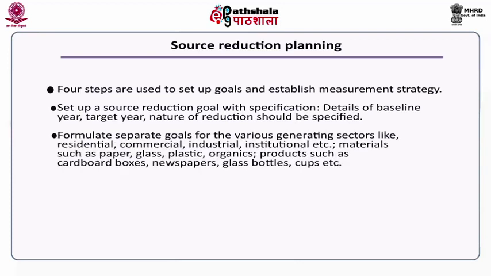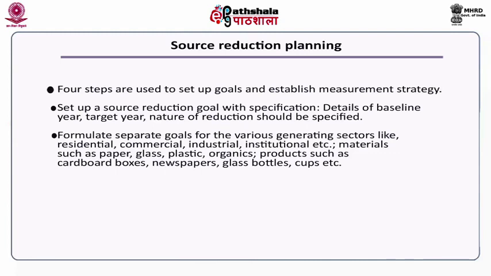specified here. Now, the second step would be to formulate separate goals for waste that is being generated from different sources. A separate goal for the waste that is generated from a residential source, a separate goal for that being generated from a commercial source, and likewise for industrial and institutional sources.